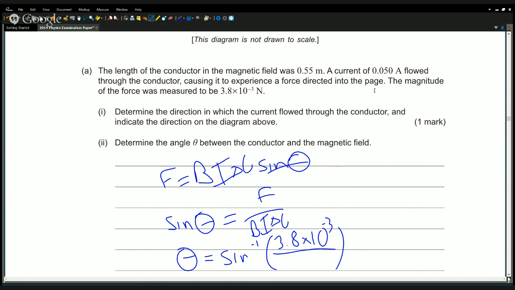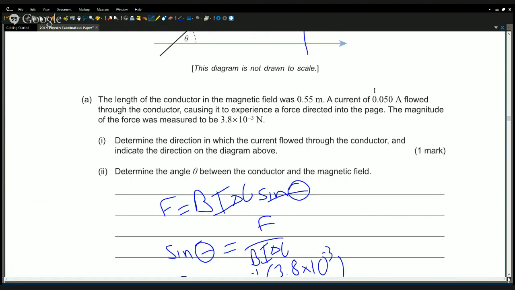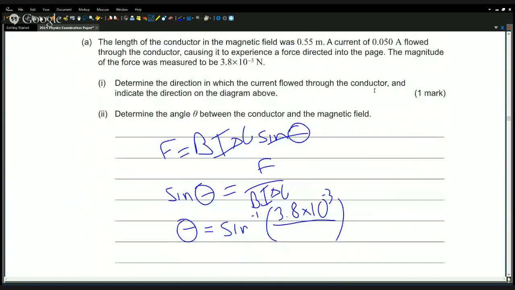Tesla of 0.3 Teslas times current 0.05 times, and times by length, which was 0.55 meters.